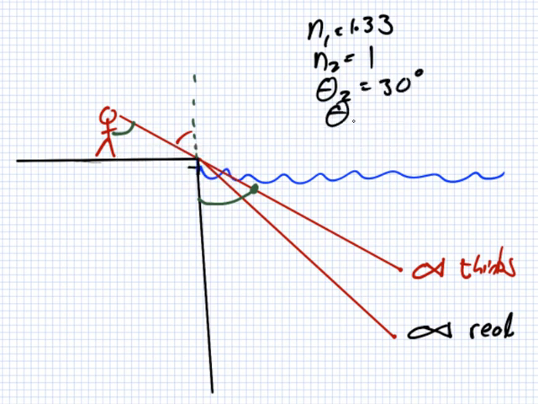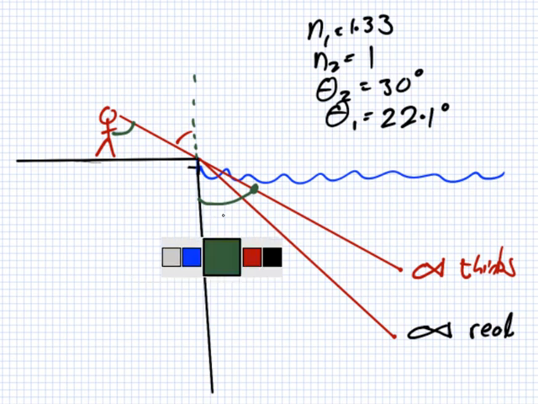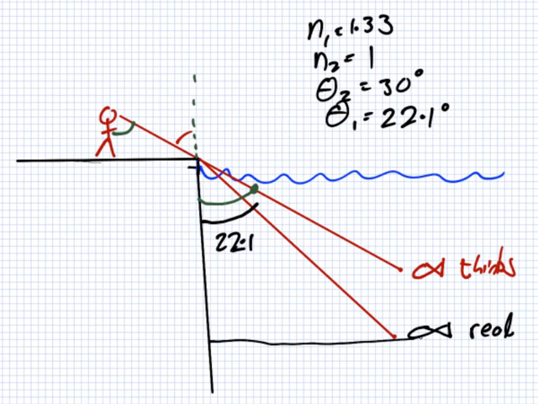Okay, so what's theta 1? If we use this information, we get 22.1 degrees. So this one here is 22.1. Good, okay. Now, we know that it is really 1.2.